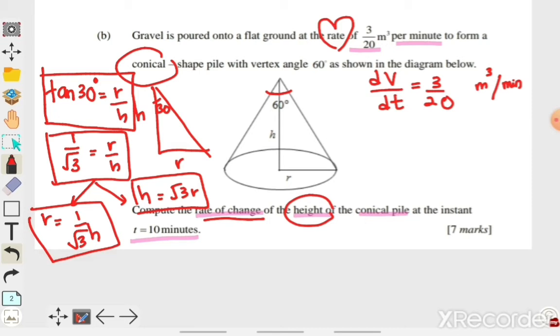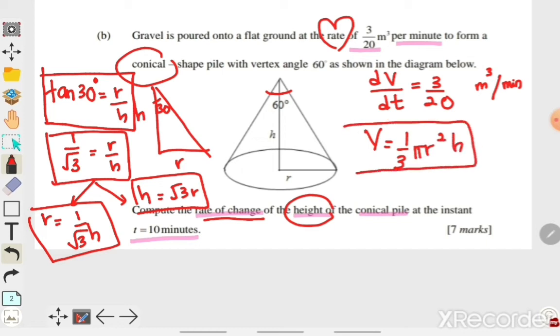The next equation that we need to consider is the volume equation, before we differentiate. The formula of the volume equals 1 over 3 pi r square h. This formula is not harmonious because we have many variables on the right hand side: one variable v on the left and two variables r and h on the right.